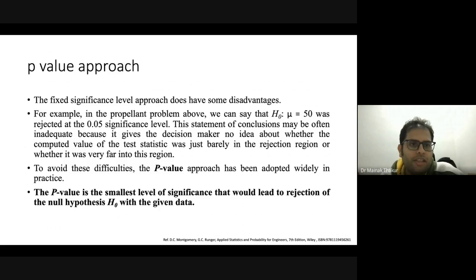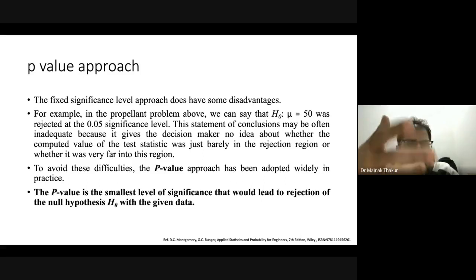Another testing approach is called the p-value approach. We are not going into the detail of calculating the p-value. Simply, the p-value is the smallest level of significance, the smallest alpha, that would lead to rejection of the null hypothesis H0 with the given data. Fixed significance levels have some disadvantages, so sometimes the p-value is used.